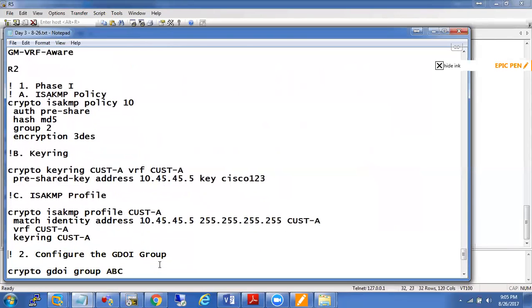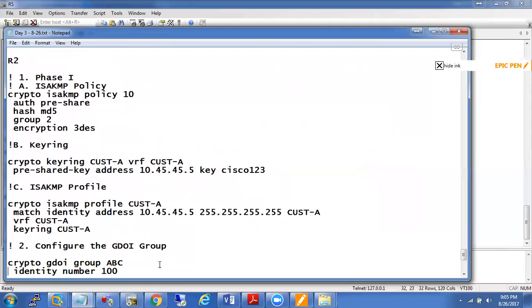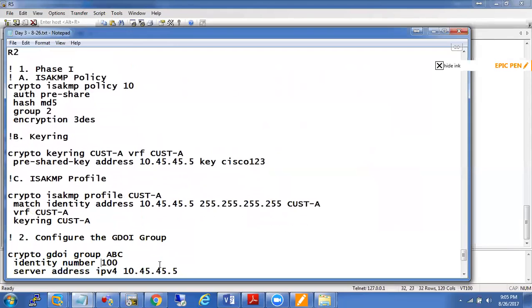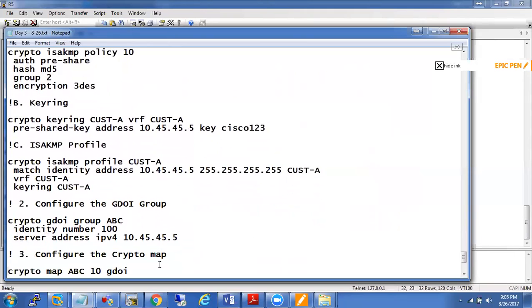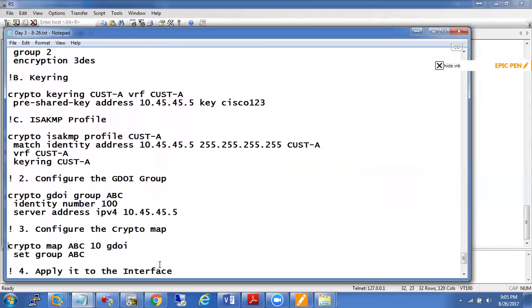So I don't need this key over here, instead I have these three steps. Step 2 is this guy, 100, that's fine because I'm doing it for cust A. 10.45.45.5 is fine. Crypto map is also good.